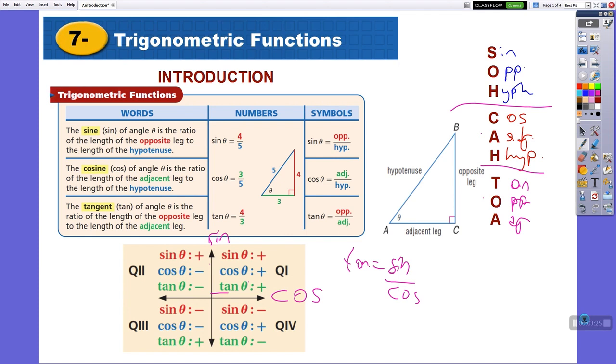Let's move on to the second quadrant. In the second quadrant, left side of the origin is negative, so cosine is negative. Above origin is positive, sine is positive, so your tangent will be positive over negative, which is negative. Let's continue with the third quadrant.